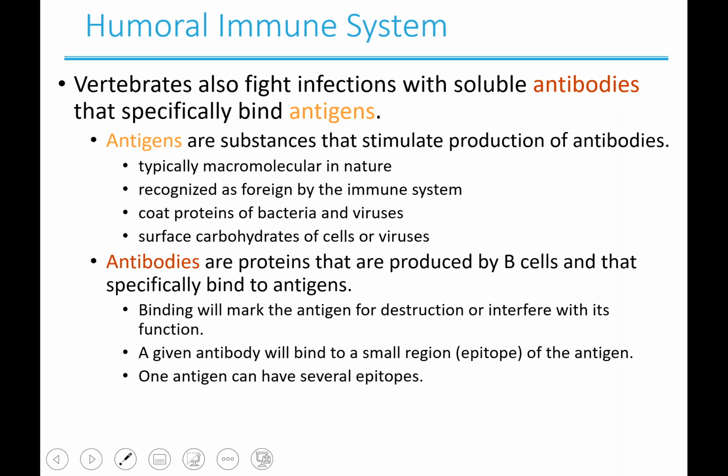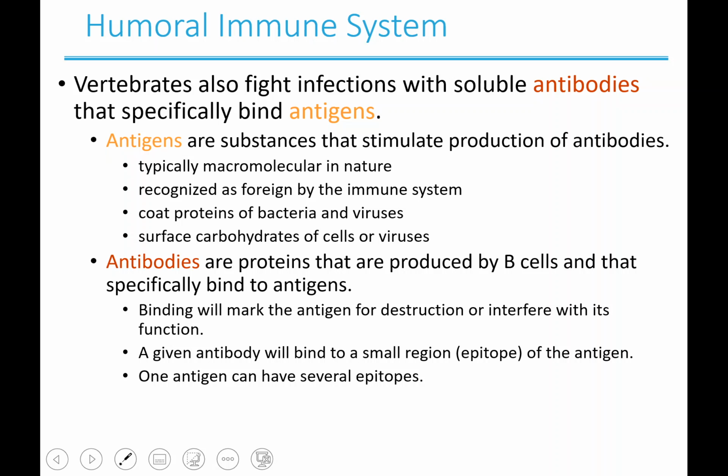So things like the protein shell of bacteria, or the protein capsule of a virus, would elicit an antibody immune response. Surface carbohydrates of cells or viruses also would do the same.